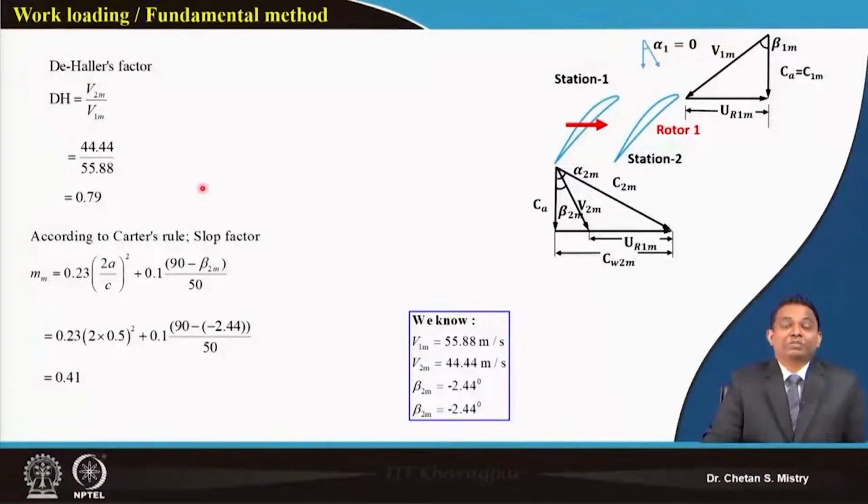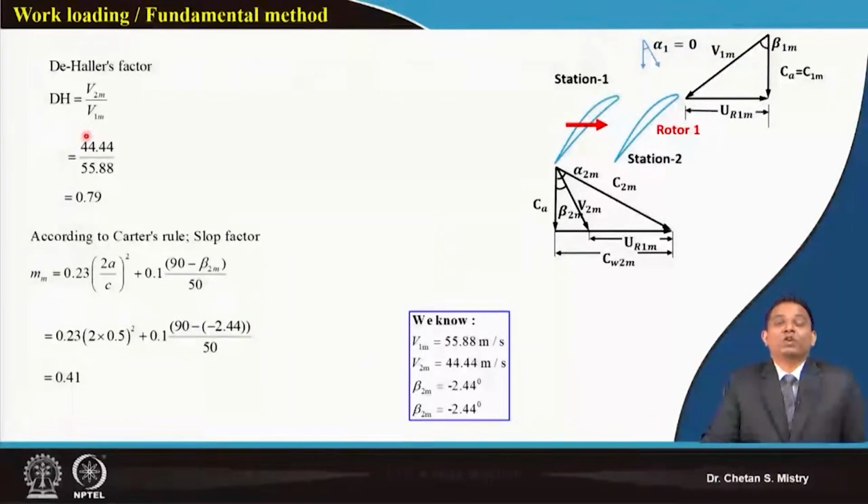Now once this has been calculated, we will check with the de Haller's factor. That is nothing but a ratio of relative velocities. So we can say V2 by V1, and that's coming 0.79. So this is showing our de Haller's factor. One of the parameters for checking that we are considering is the de Haller's factor.